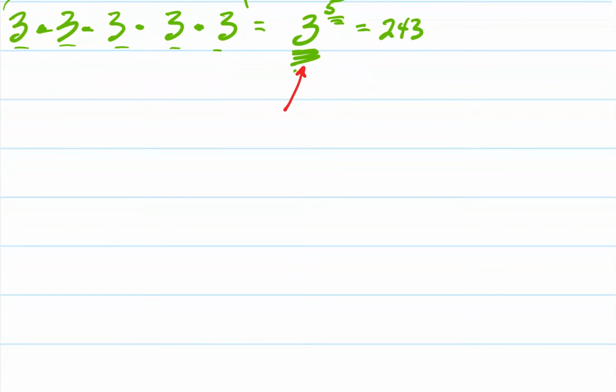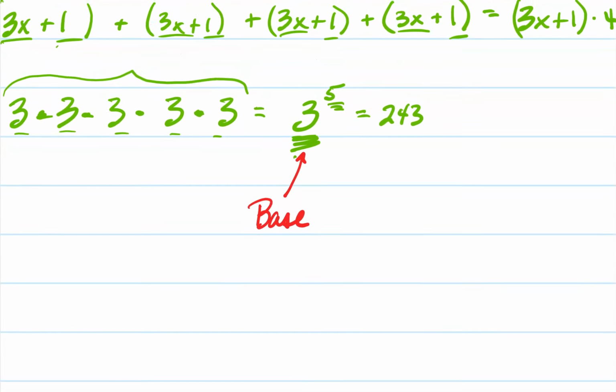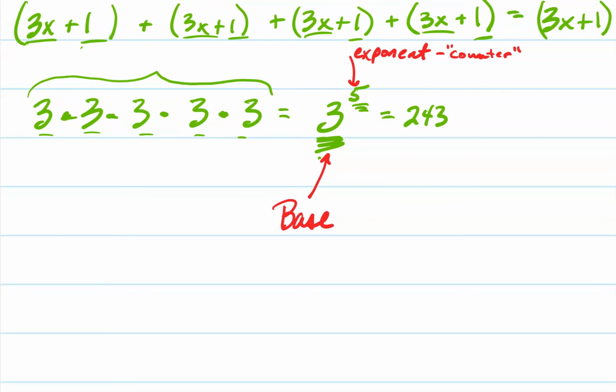Again, as we had mentioned before, the number at the bottom, this full-size number, is what we would call our base of the exponent. And the 5 here is the exponent itself. Some places or some textbooks I've seen it called a counter. This counts how many times we're multiplying the 5 together.